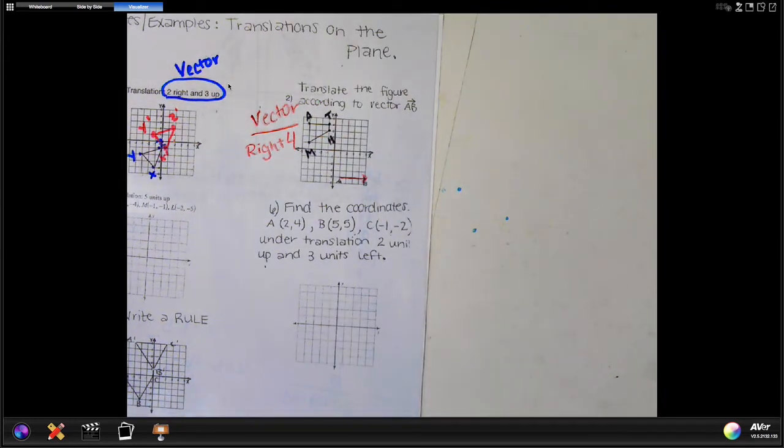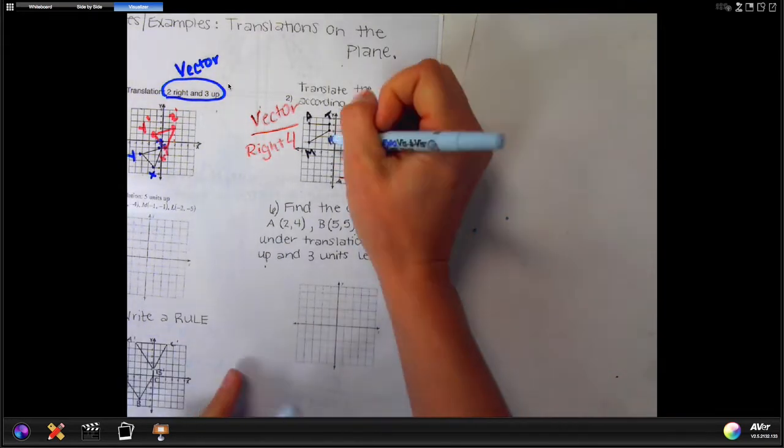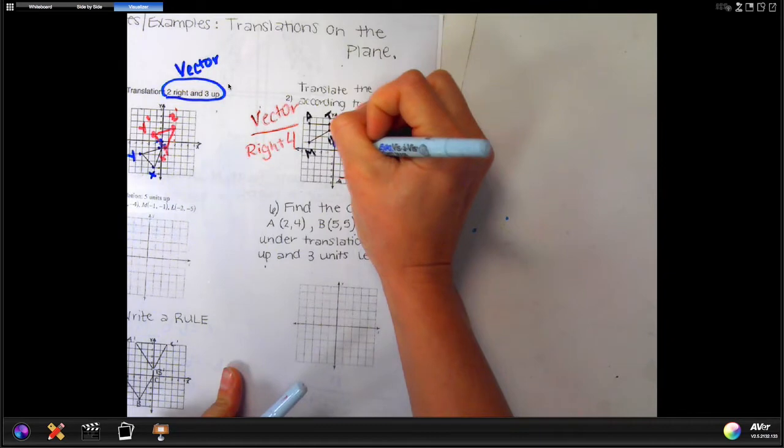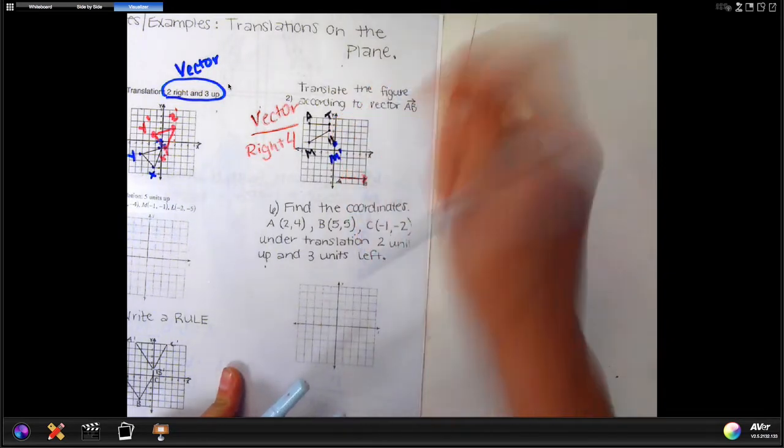And where do I move point M? 4 to the right. Right 4, okay? So moving point M right 4 moves it right onto the y-axis. Is that okay, you think? Yes. And we want to relabel it, M prime.